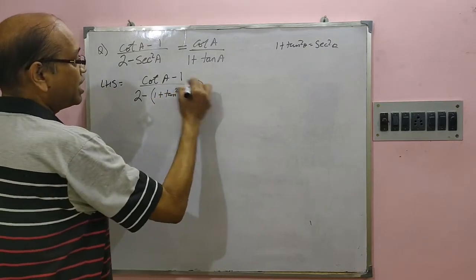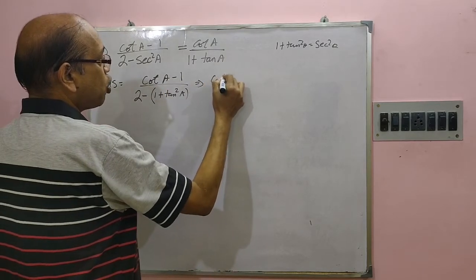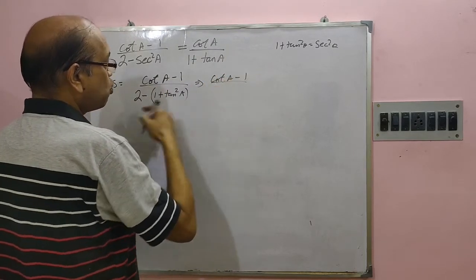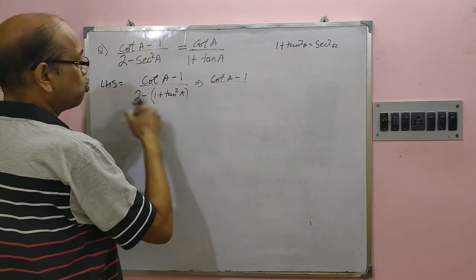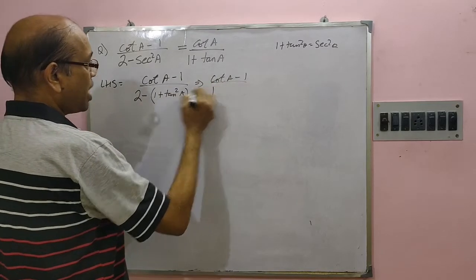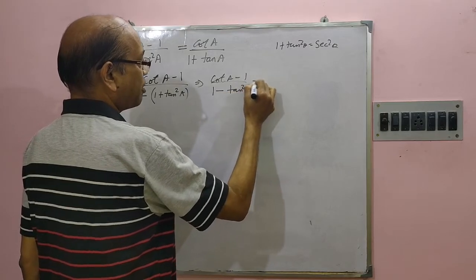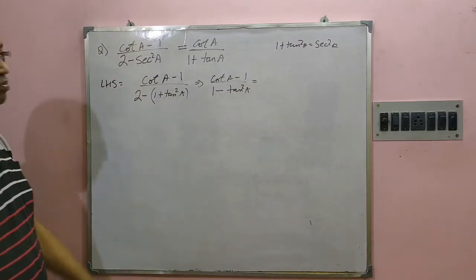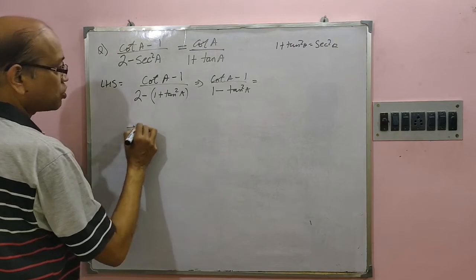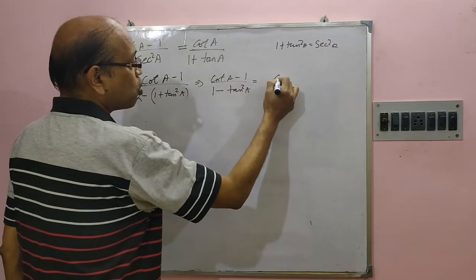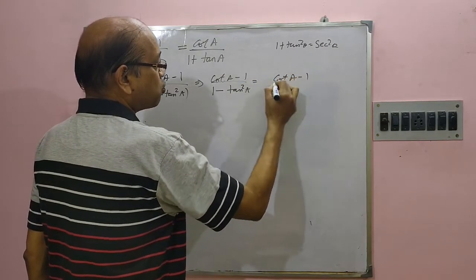Clear? Then again cot A minus 1, open up the brackets, 2 minus 1 is 1 and minus tan square A. Clear? Next, cot A minus 1.